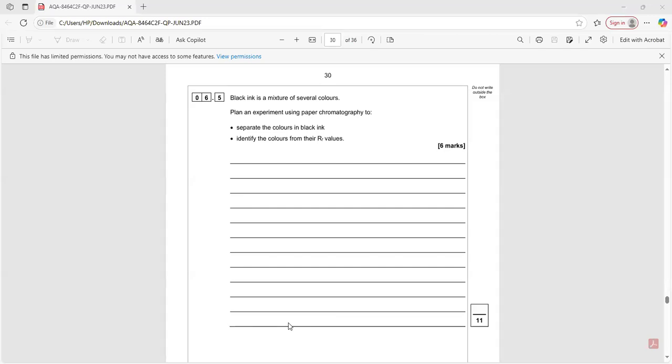Okay, I'm sure you'll get the details of the process in the mark scheme, but let me just say a few things about it. Number one, you only use organic solvents for organic mixtures. Let me say that again. You only use organic solvents for organic mixtures.